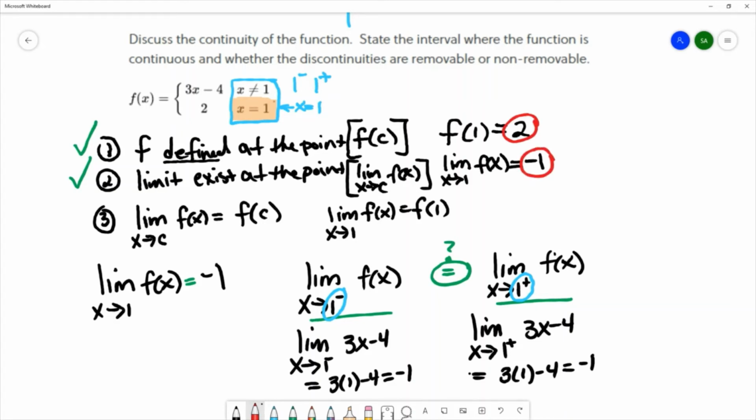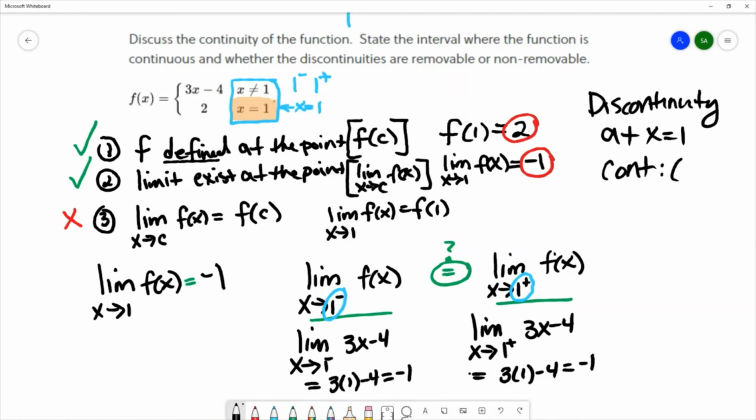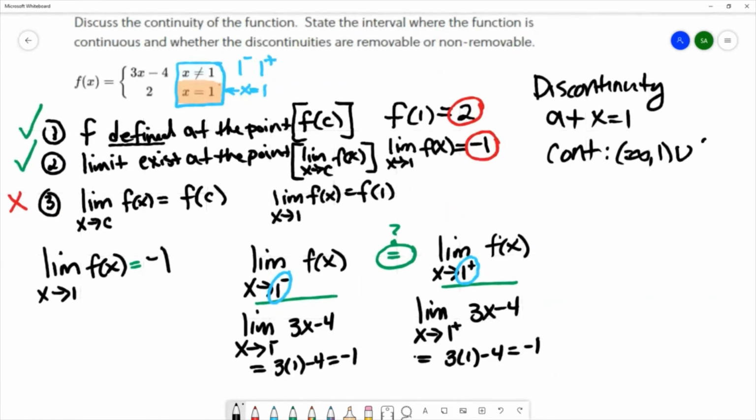And so our final criteria for being continuous didn't hold up. So we know that we have a discontinuity at x equals 1. Otherwise, the function is continuous. So the function is continuous on the interval from negative infinity to 1, union with 1 to infinity.